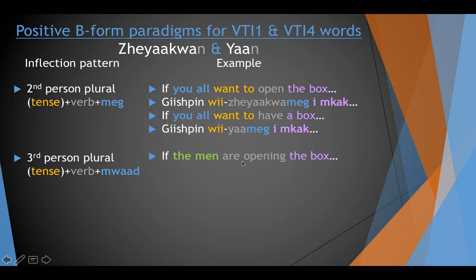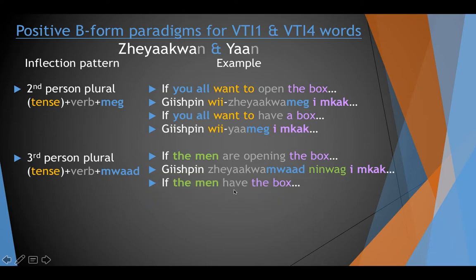And we got the ninwuk over here. So word order isn't too strict here, but just as long as you put the suffixes on the right word, which is the verb. So we got gishbin jeakwamwad ninwuk imkuk. So if the men are opening the box.